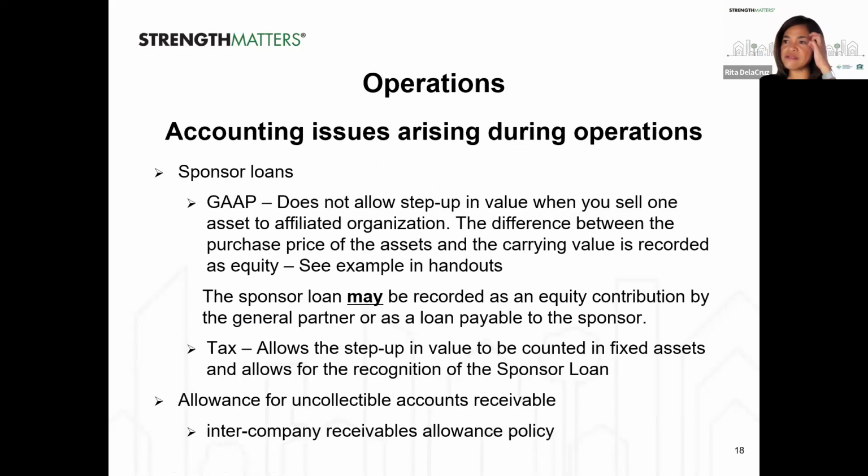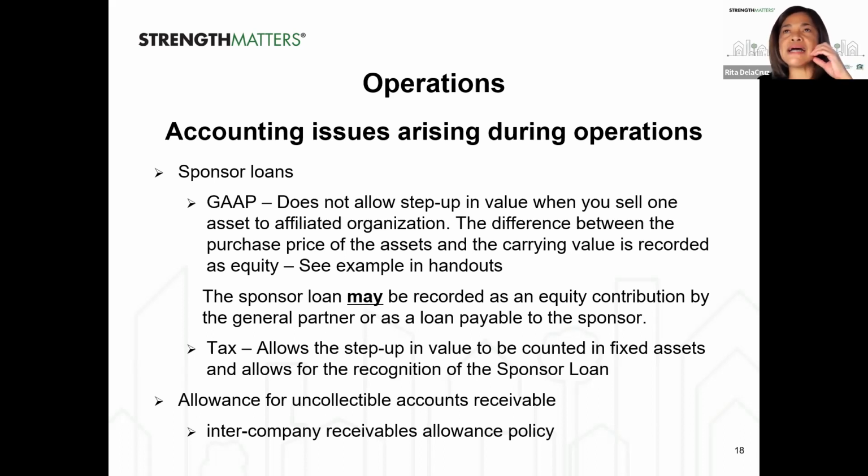So some more fun things that you might encounter. When a sponsor sells a project to its affiliated organization that it controls, so the sponsor selling the project to another partnership agreement that it controls because the GP is affiliated to that sponsor or the GP is the sponsor, then GAAP requires that the acquisition is recorded at the carrying value, not the fair value of the project.